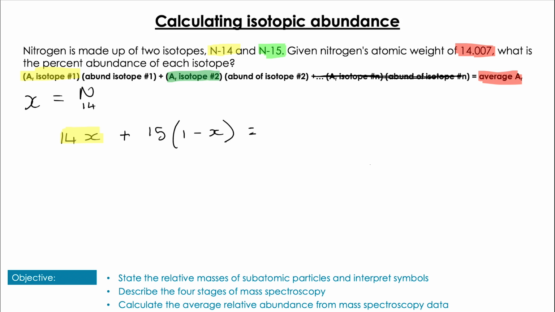You could think of that as 100% minus the percent of X. Either way, I'm using the decimal straight away here. So that is going to equal the overall atomic weight, which is given to us in the question as 14.007.